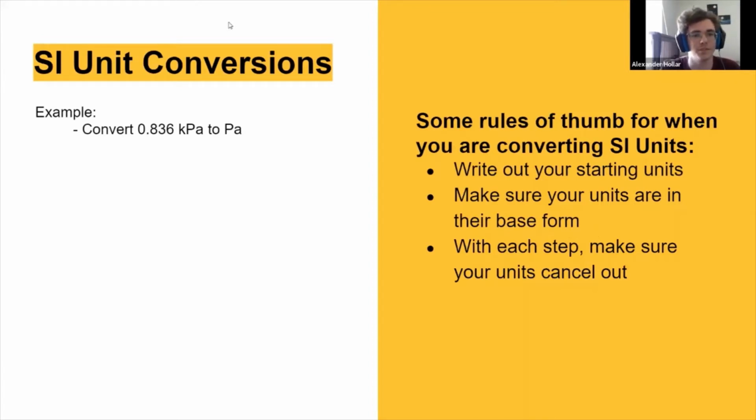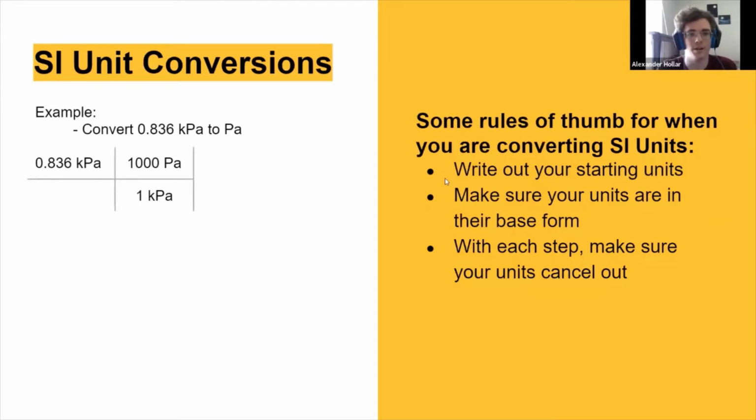So for example, this first question here, we have convert 0.836 kPa to Pa, which is kilopascals and pascals. So the first thing we're going to do is write out 0.836 kPa. And then we can go check our conversion table and realize that 1 kPa is equal to 1,000 Pa.